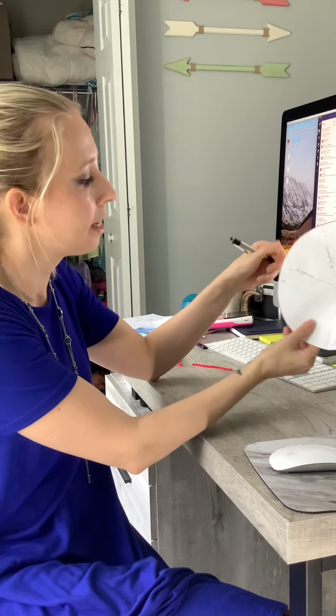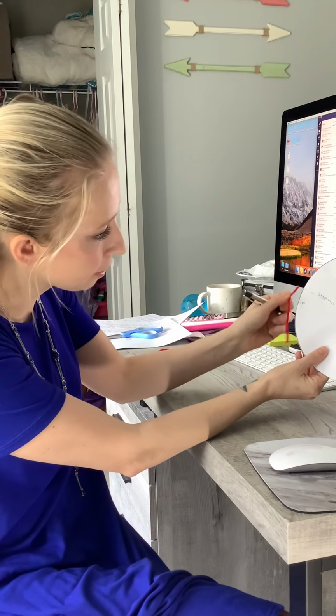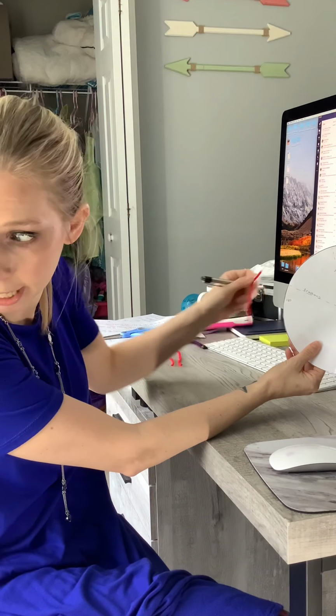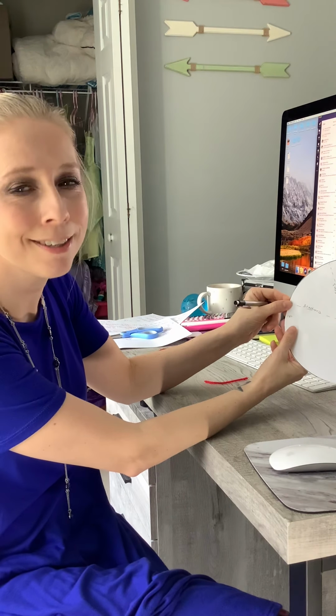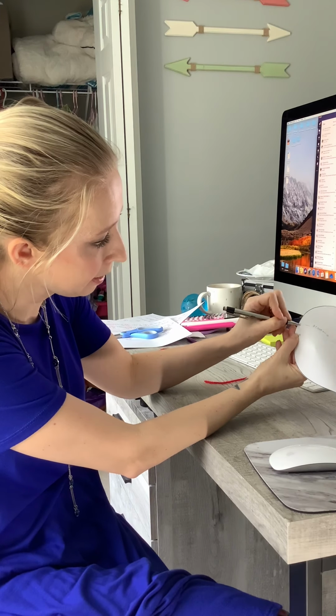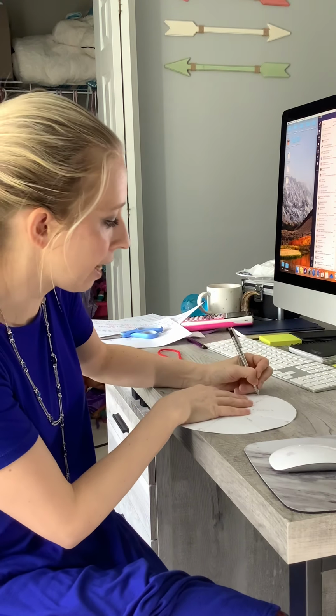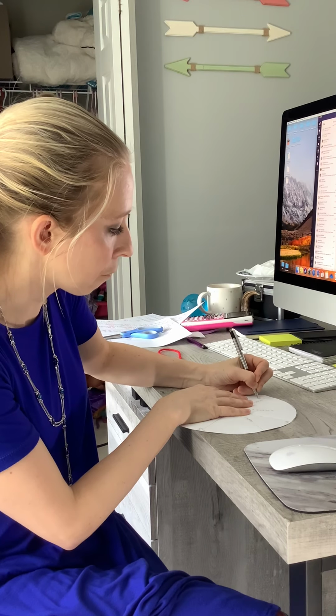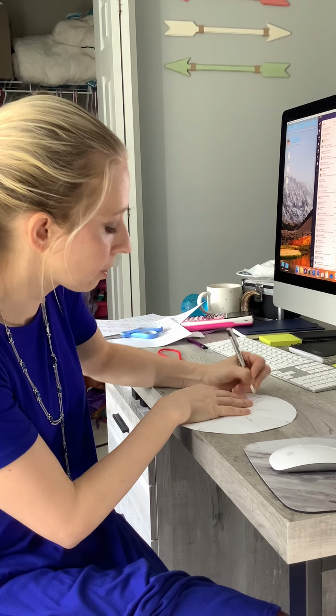Now this little space here obviously is much smaller than another radian. Just for the sake of argument, the measure of this little piece here is 0.14 radians.